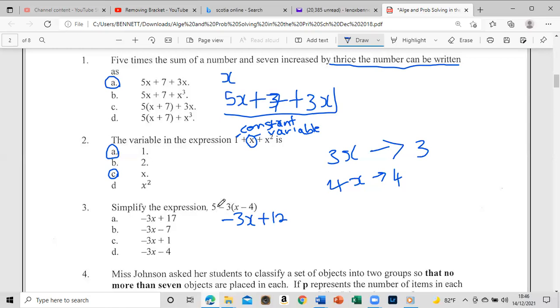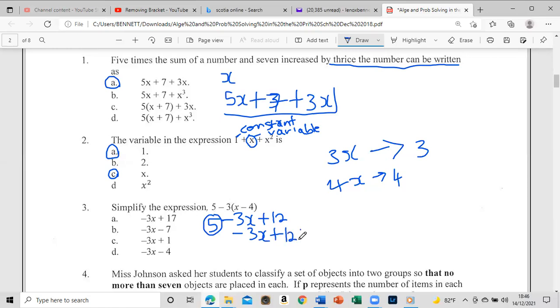Remember, negative 3 times positive x, negative 3 times negative 4 is positive 12, and then the 5. Look, remember I said this is plus 5. So 5 minus 3x, then you add the 5, right?